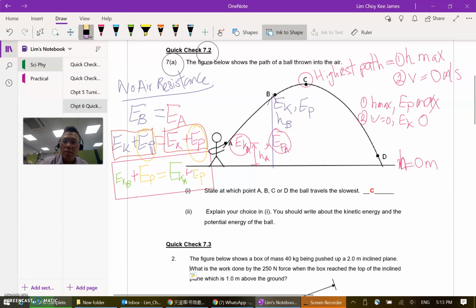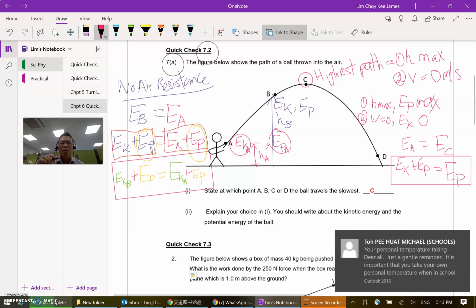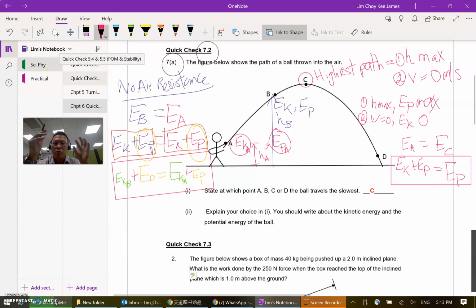If I am looking at point A and point C, for example, energy at A will be equal to energy at C. Point A possesses EK and EP, but all this energy will be converted to a single energy at point C, which is potential energy only. If you look at the composite of the equations, it's slightly different, but one thing for sure is that the total energy for each of the stages remains the same.